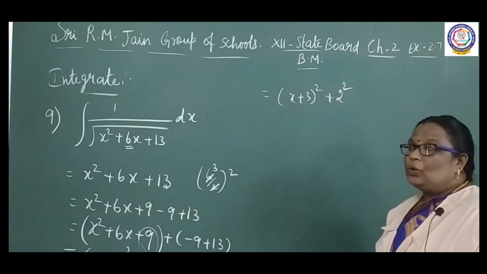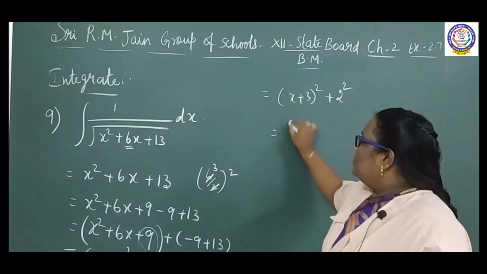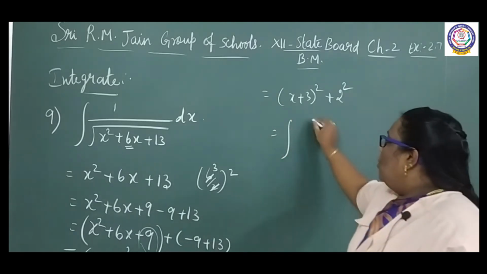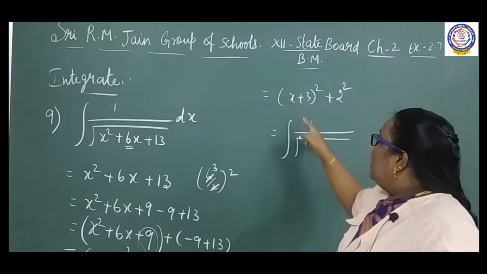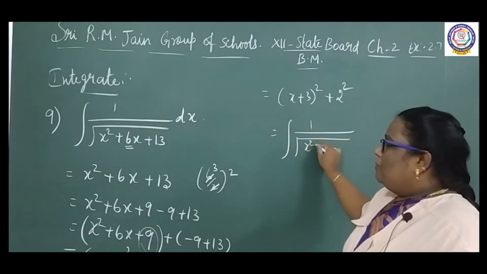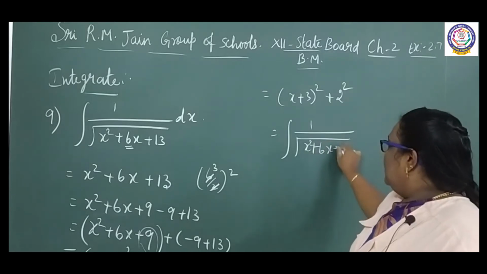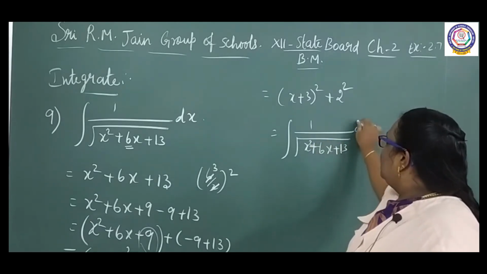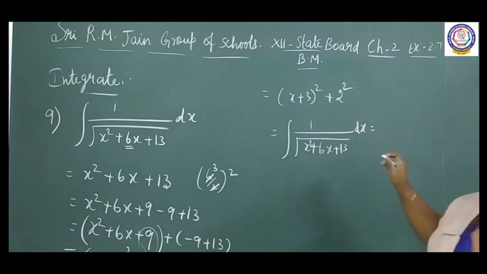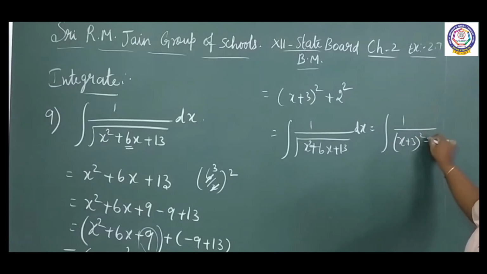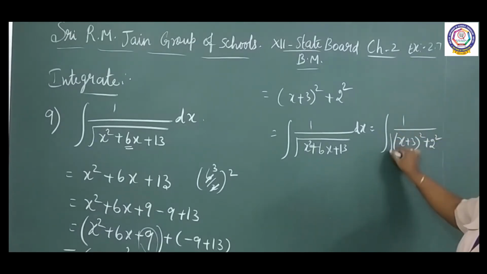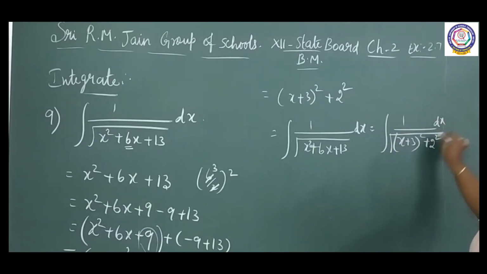4 means 2 square. So integral 1 by root of x square plus 6x plus 13 into dx equals integral 1 by root of x plus 3 the whole square plus 2 square dx.